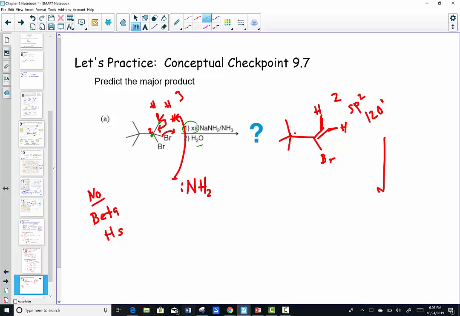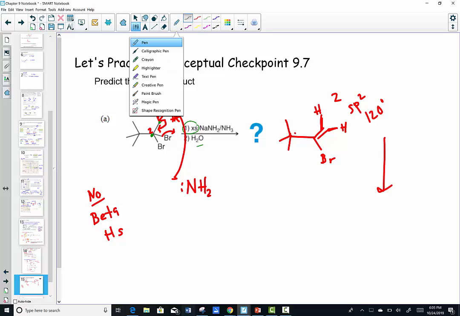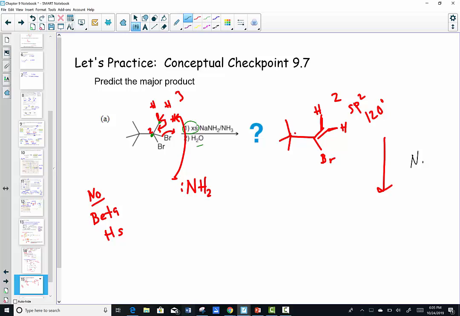In the next step, we have the next group of the base react, and this will be the next NH2 negative, the second equivalent. The second equivalent is going to reach out for another beta proton, making this bond collapse, and the leaving group leaves.